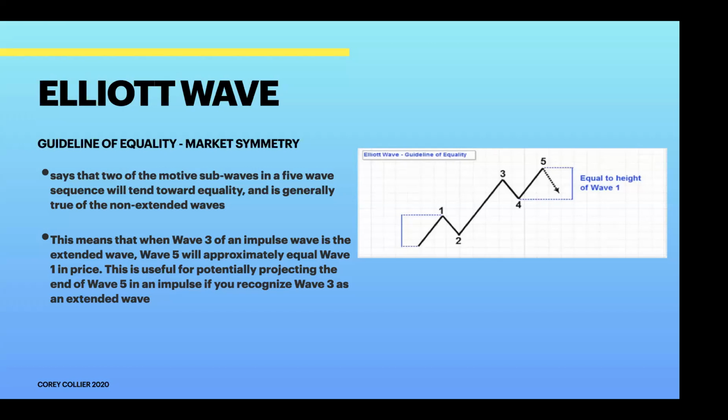Then you can expect wave 3 and wave 5 to be some type of equality. If wave 5 is the extended wave, you should have noticed that wave 1 and wave 3 were trending towards equality as far as their price. How far did they move in price, right? That's the guideline, guys, of equality.